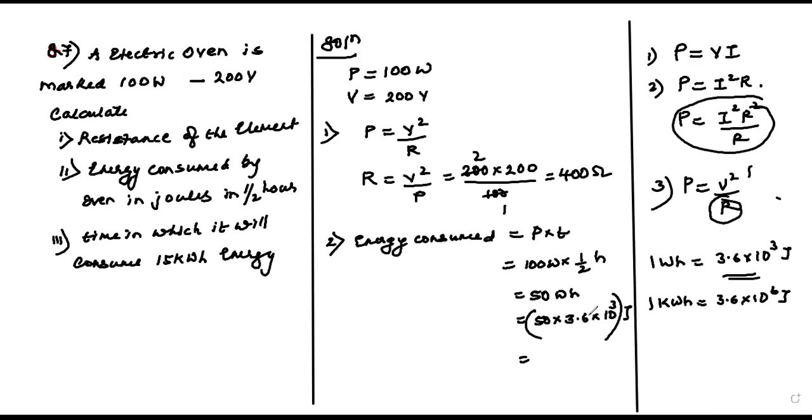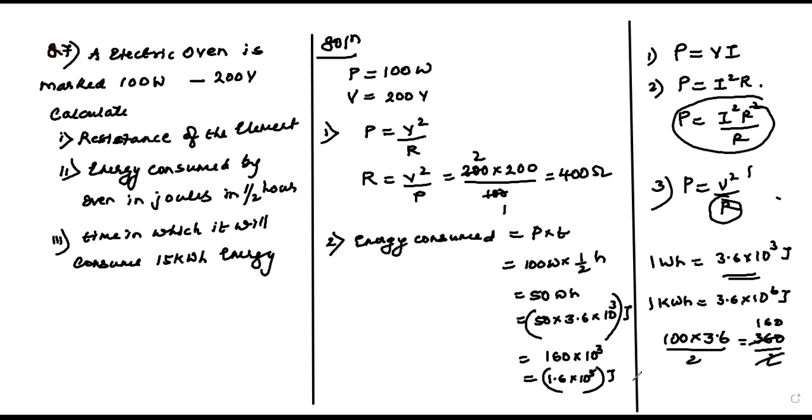This will become 180. So it is 180 into 10 raised to 3 joules.